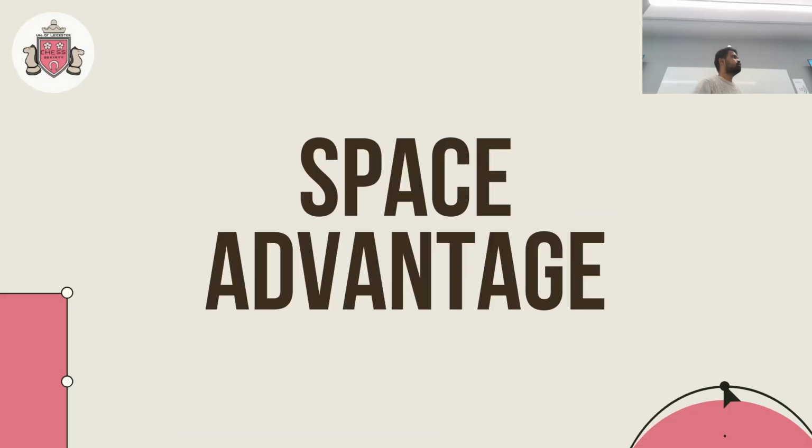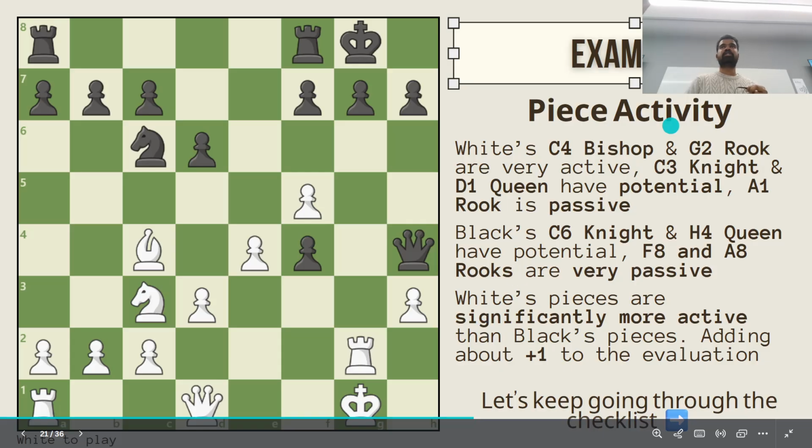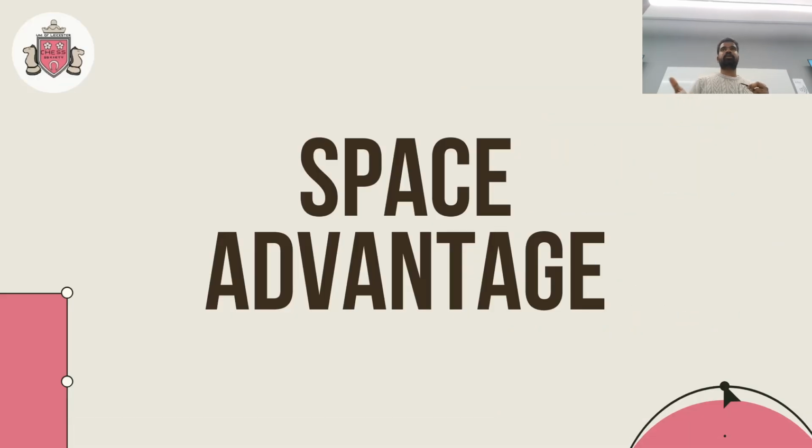The next thing, the fourth thing on the checklist, was space advantage. And this actually goes really hand in hand with piece activity. But space advantage is more to do with our pawns as well, rather than just our pieces.